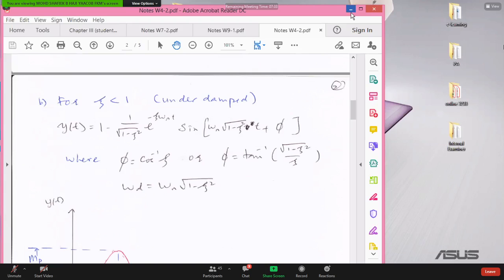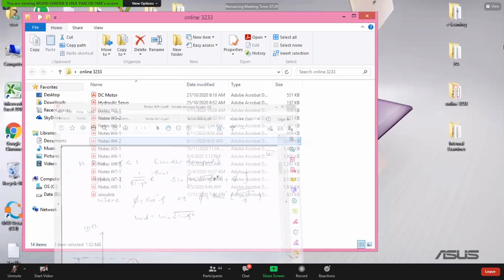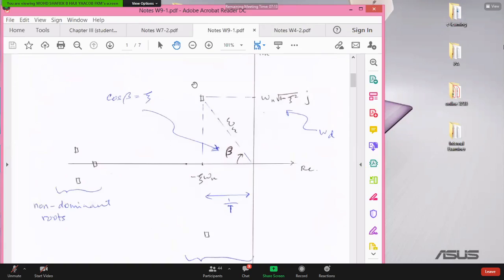Now let's go back to the interpretation of the root locus diagram. All right. The roots that are further away from the imaginary axis, we call non-dominant. Let's forget about the roots far away from the imaginary axis and just focus our attention on these two roots.